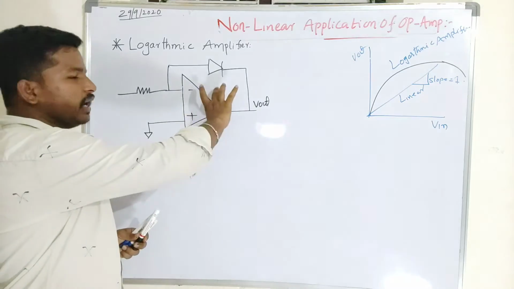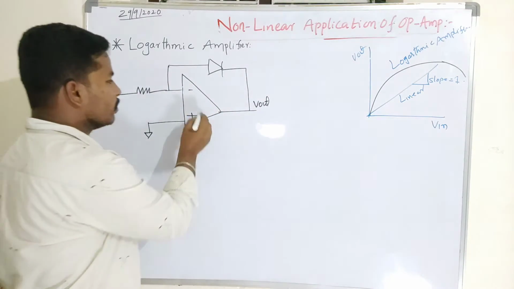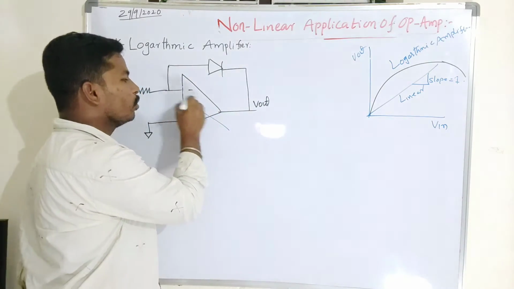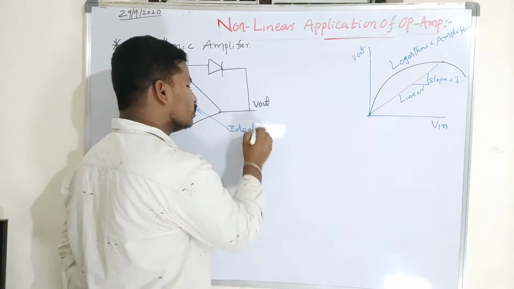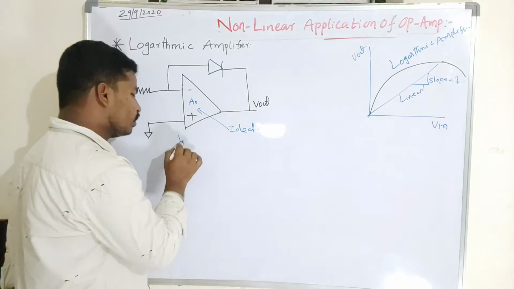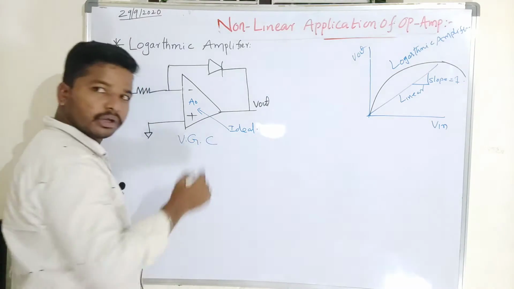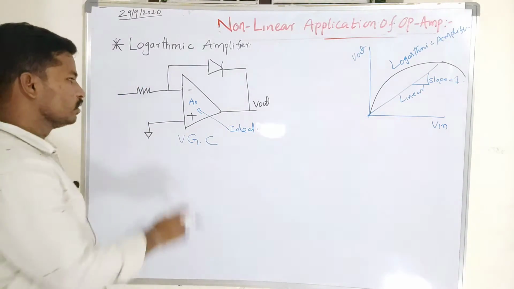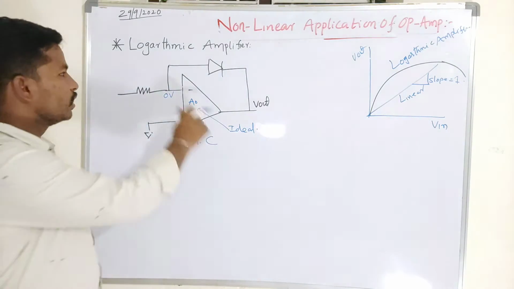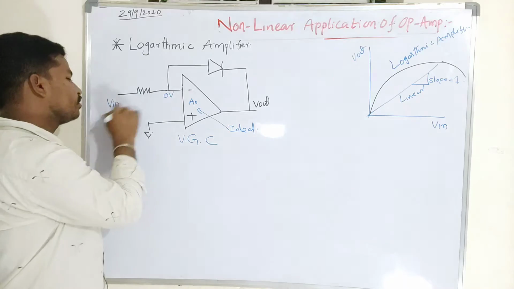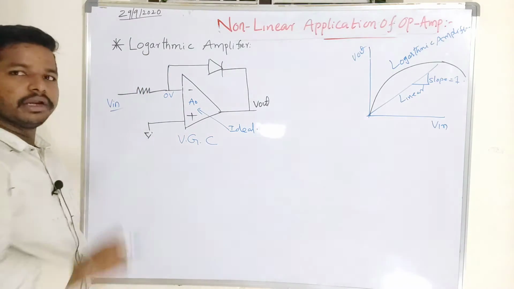By default it will have some supplies. I am assuming an ideal operational amplifier with open loop gain A0, so the virtual ground concept is applicable. The potential at this terminal will be equal to the non-inverting terminal, where I am giving the input signal.